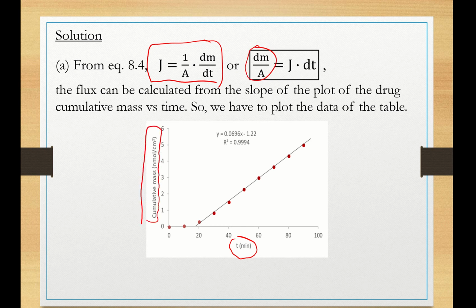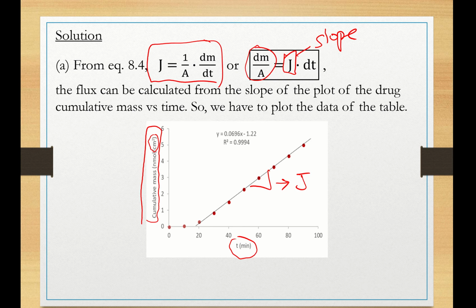So this is the mass of drug passing through the surface area of the membrane, which is 1 square centimeter. This is the slope. This is very nice, and you can see that after 20 minutes we have a linear response here, and the slope is going to be J.